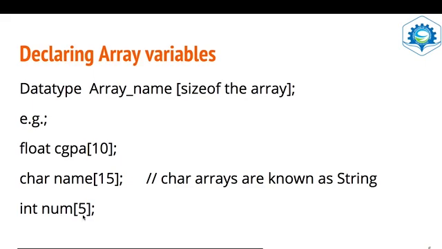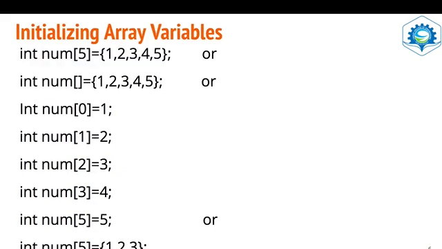So this is the basic concept, and let us discuss how to initialize values to arrays. What we have done is reserved memory locations, and what we need to do next is store data into those locations.